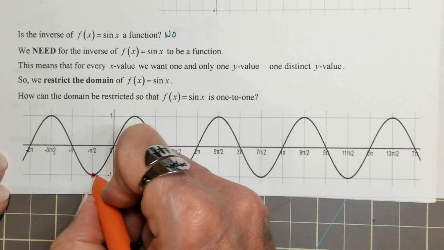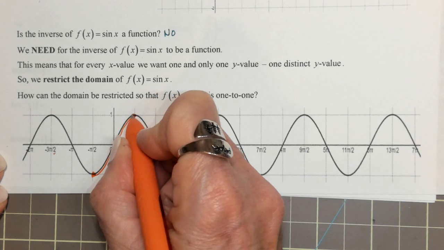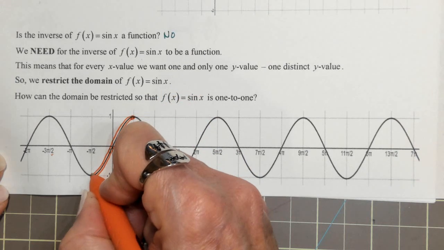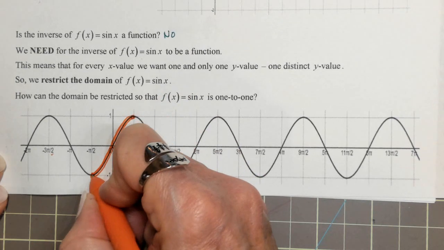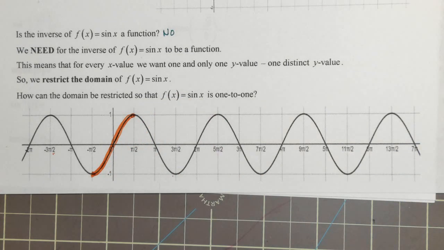So we arbitrarily restricted the domain to be from negative pi over 2 to positive pi over 2. And I say that that is arbitrary. However, it is conventional. This is where not just we restrict it to, it's where everybody restricts it to. If you pull out your calculator, it restricts it to there. Okay?